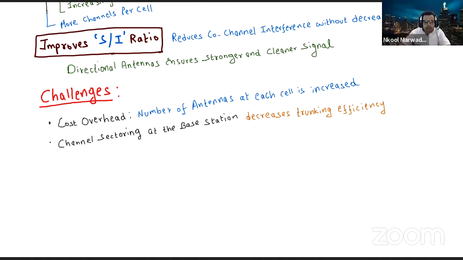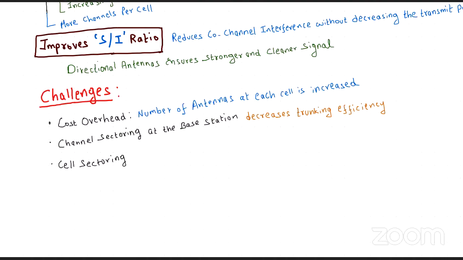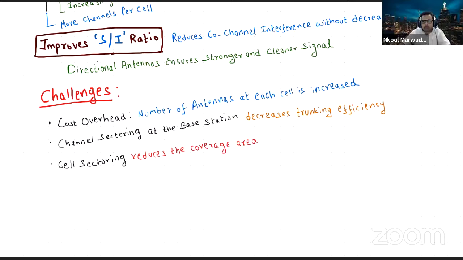And one more very interesting observation we can make: cell sectoring reduces the coverage area of a particular group of channels.